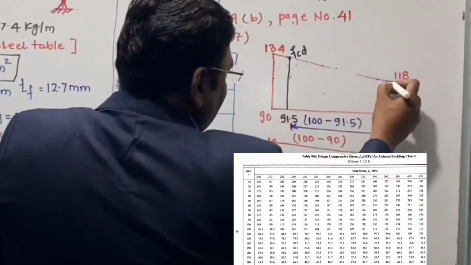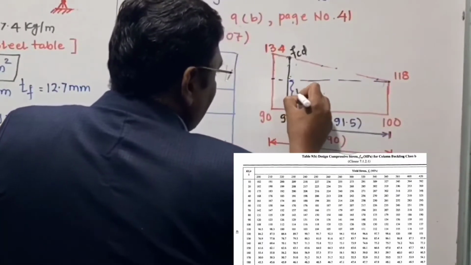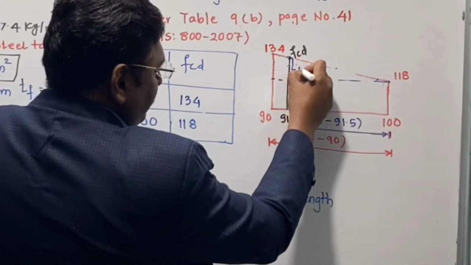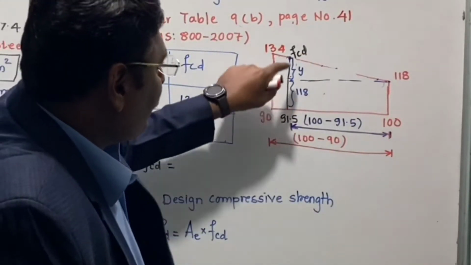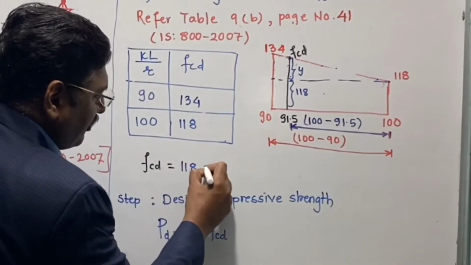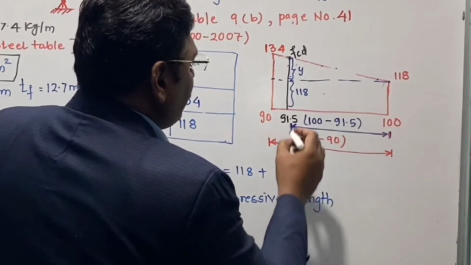So now we will extend from this stress, this is your 118 value and this value is your y. So here FCD is equal to nothing but 118 plus y, and how will we calculate y?